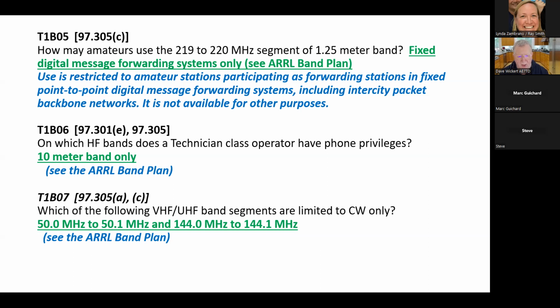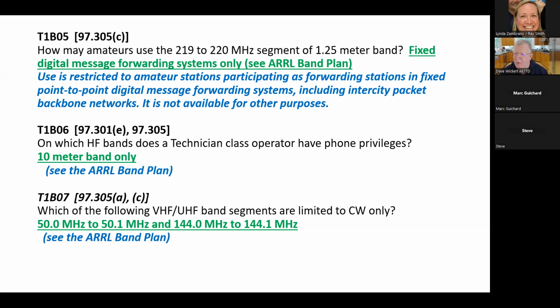Which of the following VHF/UHF band segments are limited to CW only? Take a look at the chart and look at the bottom portion of the 6-meter band and the 2-meter band. What you'll notice is they all have this little squiggly line all the way at the bottom of the band.